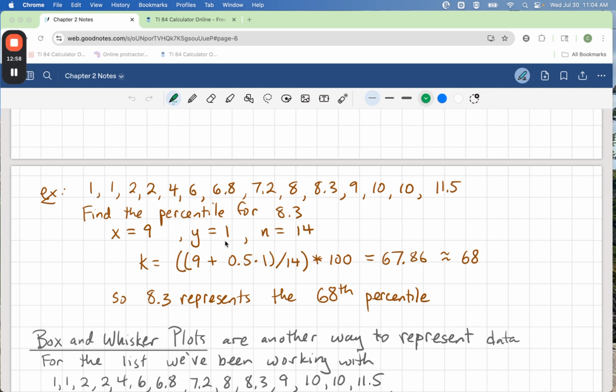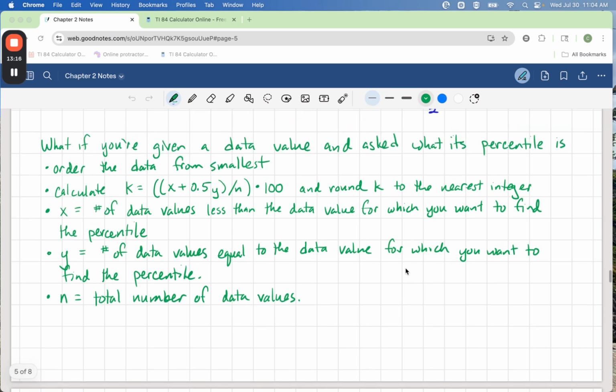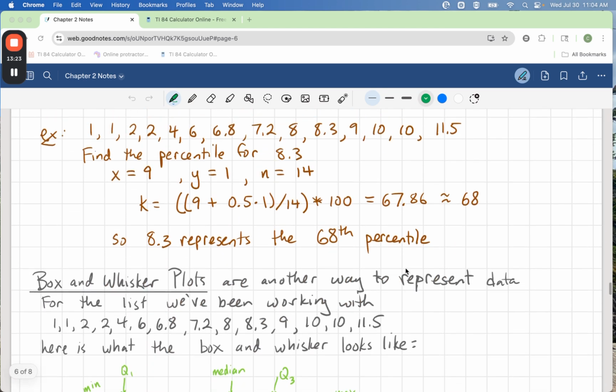Y is 1 because there's only one 8.3, and the total number of data values is 14. Then I make that calculation. I could put that on my calculator, and I come up with 67.86. It tells you to round K to the nearest integer. So the nearest integer to 67.86 is 68. So 8.3 is the 68th percentile.